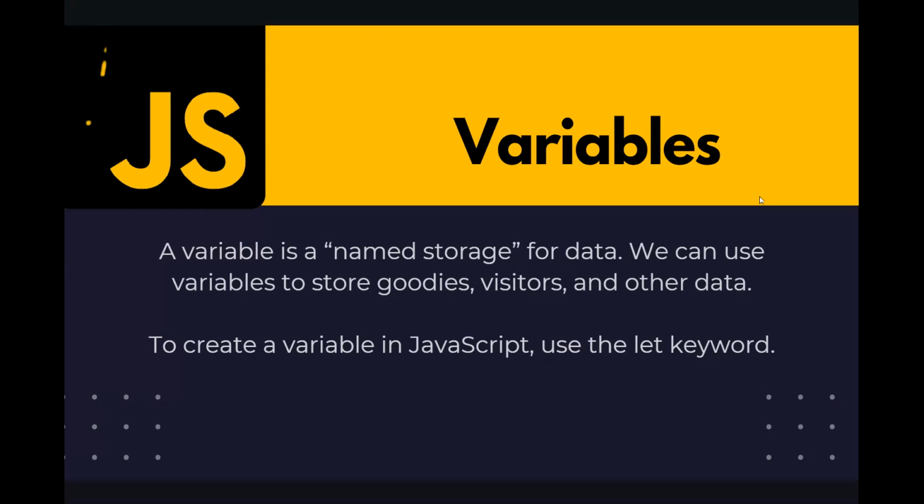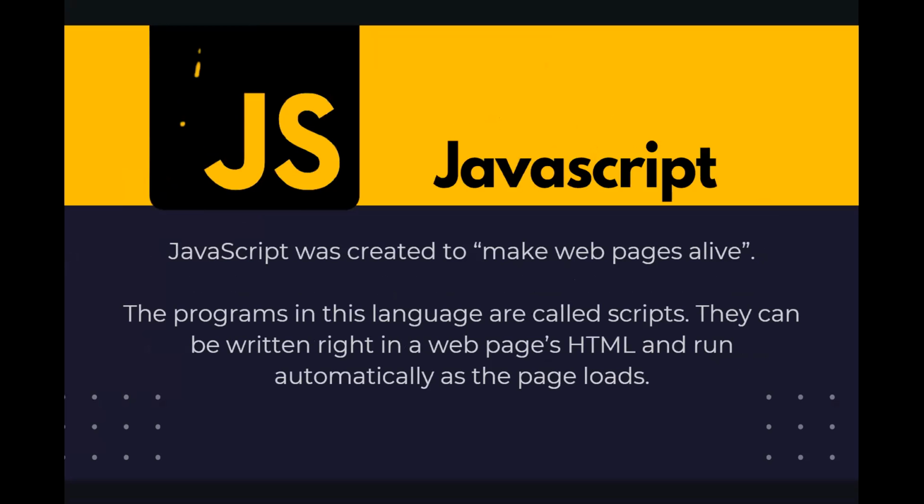This is very important, and I'd like us to understand this. Yesterday we understood what JavaScript is, where we can use it, and how we can start writing JavaScript code.